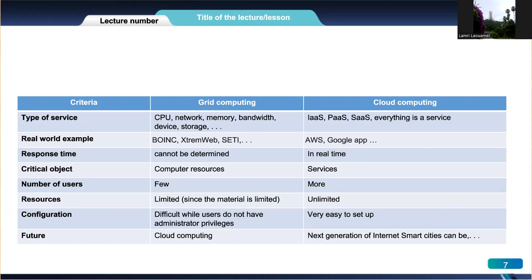So in conclusion, both cloud computing and grid computing use distributed computing resources. Cloud computing provides scalable on-demand service with a focus on accessibility and cost efficiency, making it suitable for a wide range of applications from personal to enterprise.